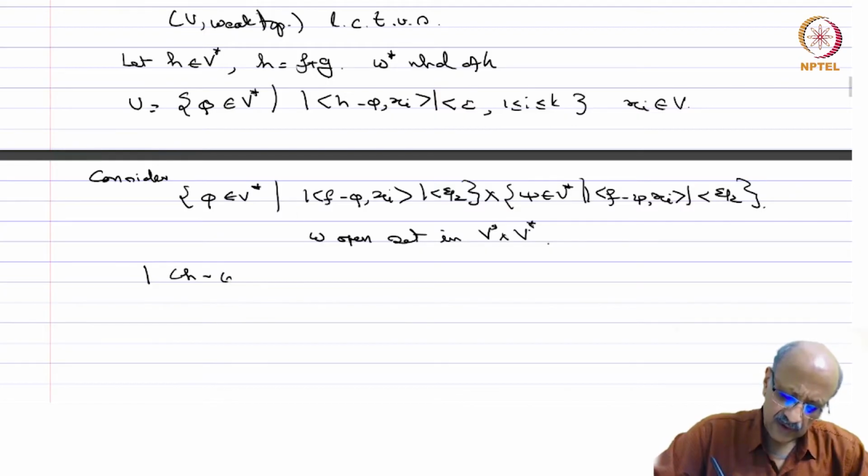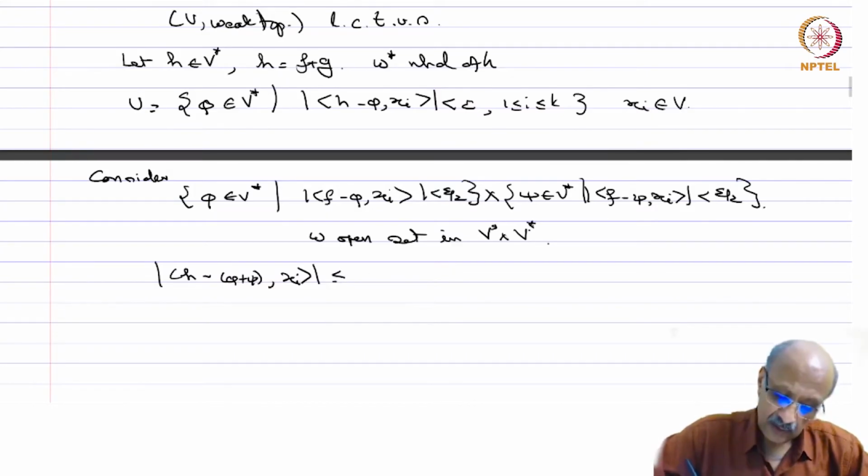h minus phi plus psi xi is less than or equal to, h is f plus g, and therefore you have mod, so this is, sorry, this is not f here, this should be g.